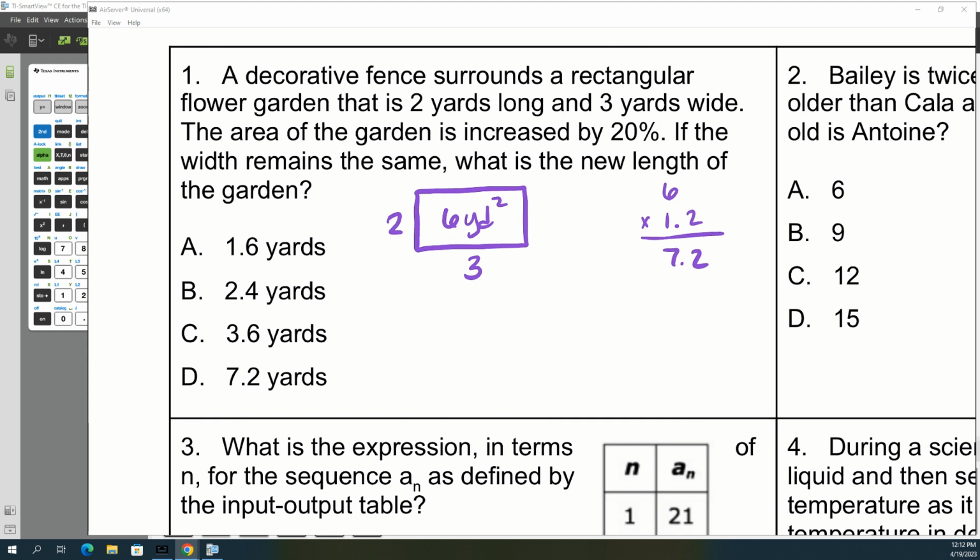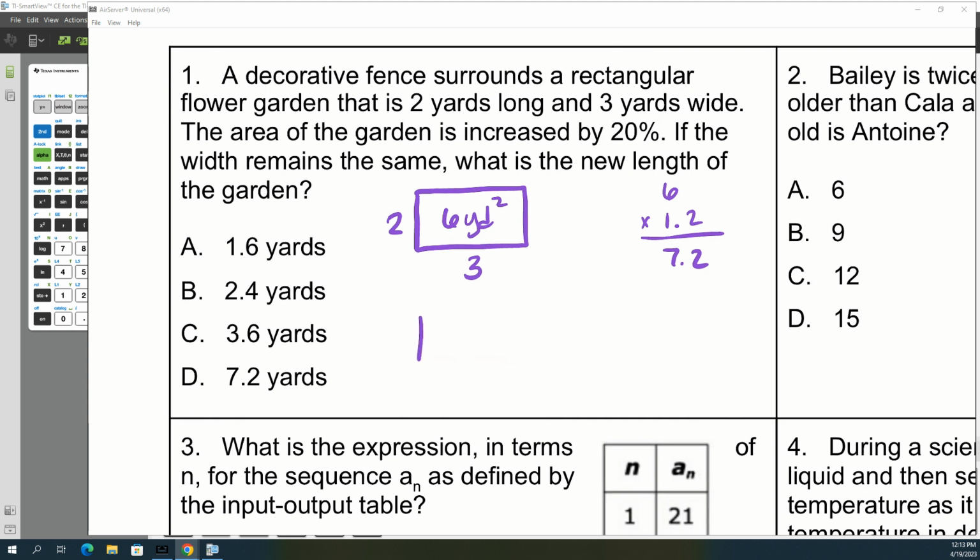So that's what we want our new, oh, maybe it's just worded badly. Okay, that's the area we want. So if the width remains the same, yeah, I definitely did this wrong.